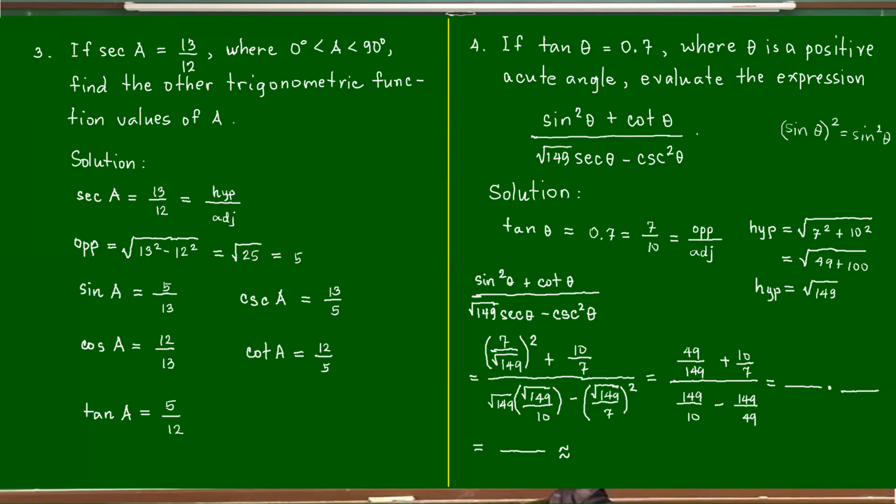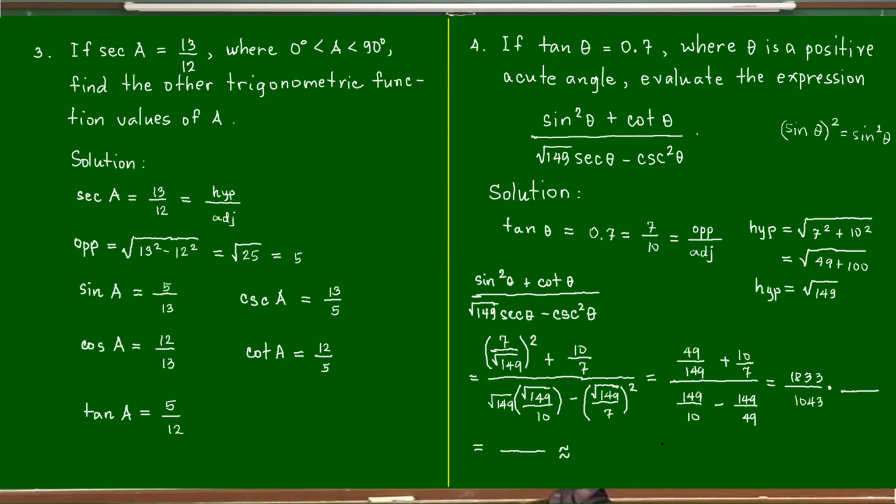Let's simplify using calculator. Let me work on the numerator first. 49 divided by 149 plus 10 divided by 7 gives us this big number, 1833 over 1043.